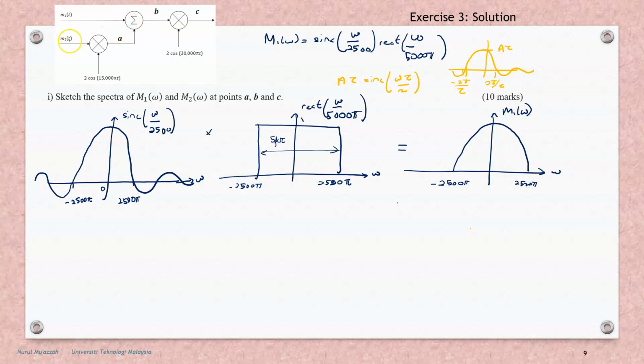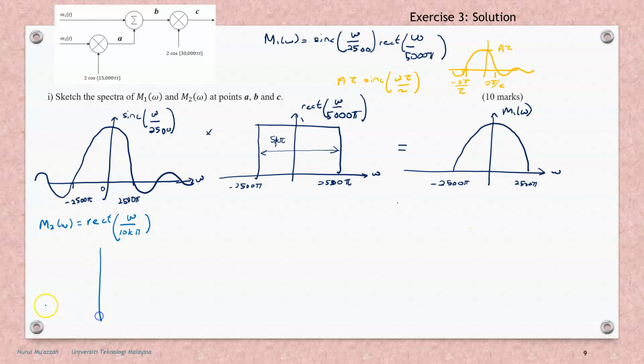So we want to find M2 omega first. M2 omega is given right here as rectangle omega divided by 10,000 pi.